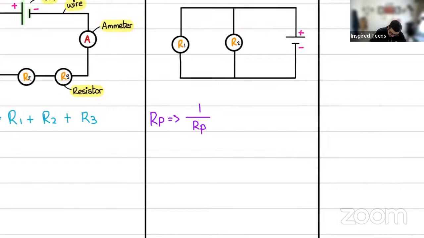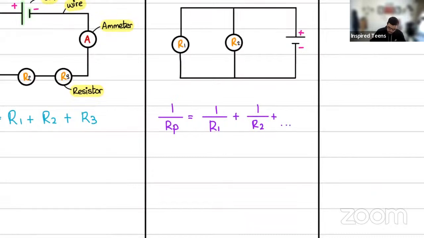1 over R parallel is equal to, okay, so let's get rid of this. We don't need it. 1 over R parallel is equal to 1 over R1 plus 1 over R2 plus however many resistors we need to add.